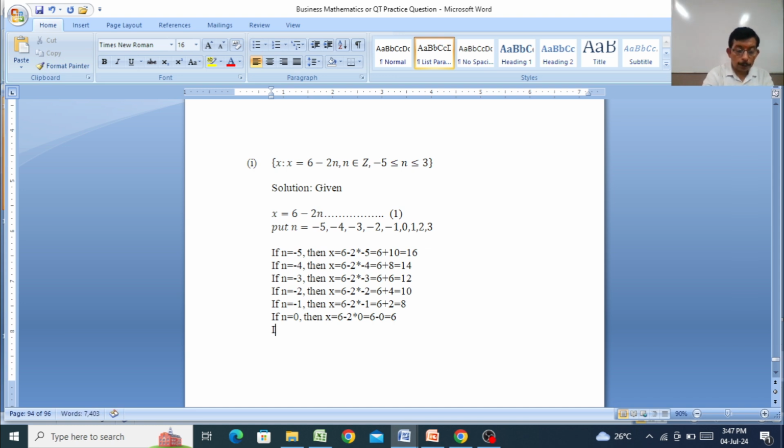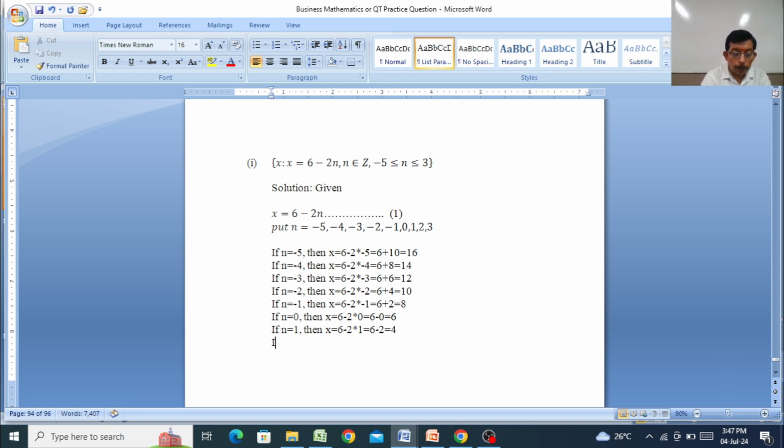If n is equal to 1, then x is equal to 6 minus 2 multiply by 1 is equal to 6 minus 2 is equal to 4.